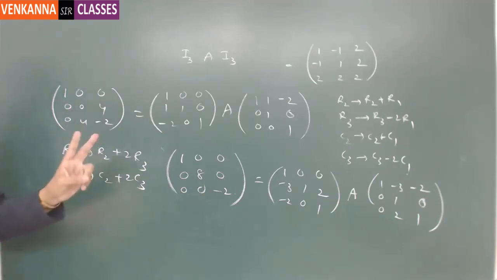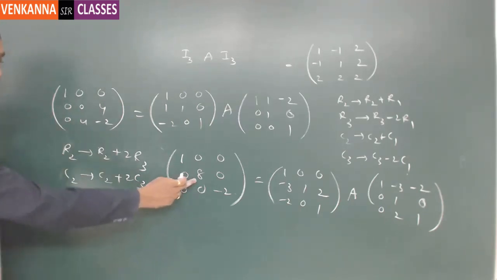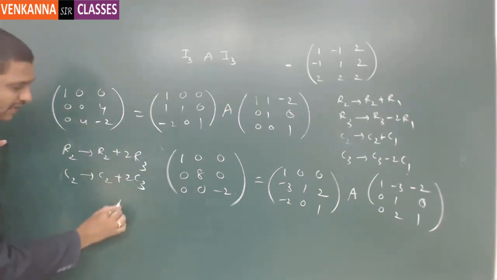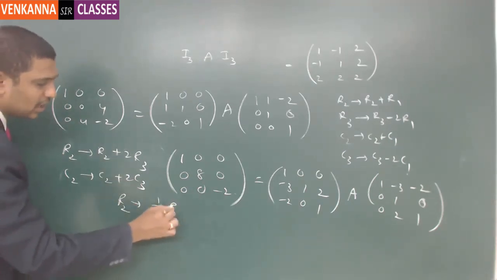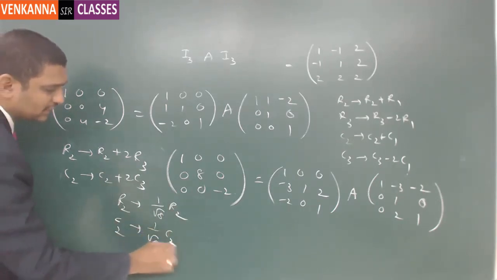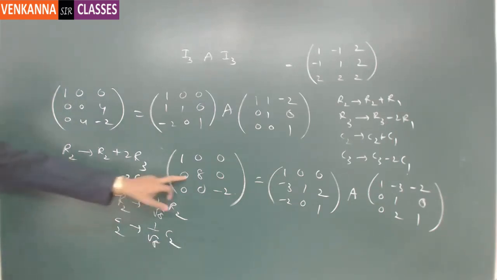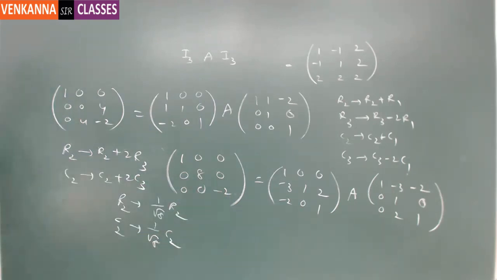Since we are applying row operations as well as column operations together, in order to make this place 1, I will apply the operation R2 tends to 1 by root 8 R2 and C2 tends to 1 by root 8 C2, so that this will become 1. Similarly, in order to get 1 here, R3 tends to 1 by root 2 R3 and C3 tends to 1 by root 2 C3.